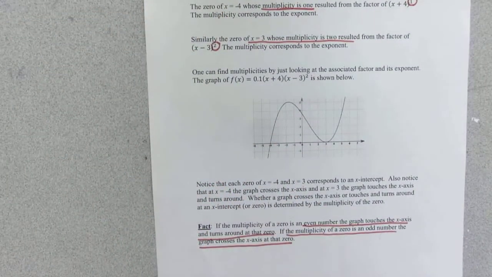So the fact you want to remember is that if the multiplicity is an odd number, the graph is going to cross the x-axis. If it's an even number, it's going to touch and turn. Odd multiplicity, cross. Even multiplicity, touch and turn.